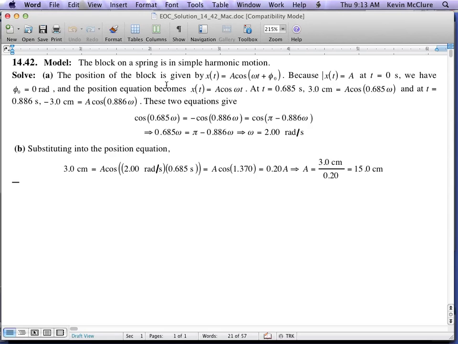Wait, where did they get the pi from? Like the cosine of pi minus 0.886 omega? Where did they get the pi from? Okay, let's see. So they did this and this. So if that's equal, how do we get the omega out of here?